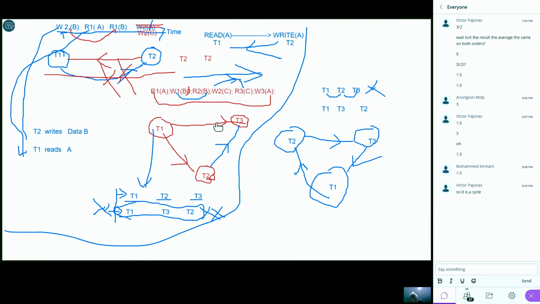See this? This is against it, so it's not a cycle. Two of them can go in the same direction, but one of them has to be in the opposite direction. All right? So this schedule is not serializable. You can try to do questions 1, 4, and 5 as homework and get credit for it.